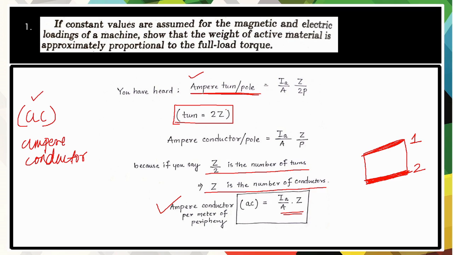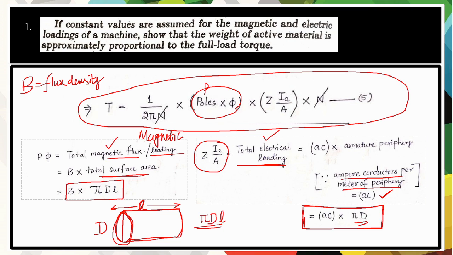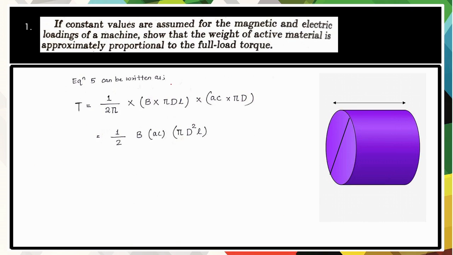So if you take this last expression as equation 5, equation 5 can be rewritten as T equal to 1 by 2 pi B into pi dl, which was P phi, and AC into pi d, which was ZIa by A. So pi d is the perimeter.